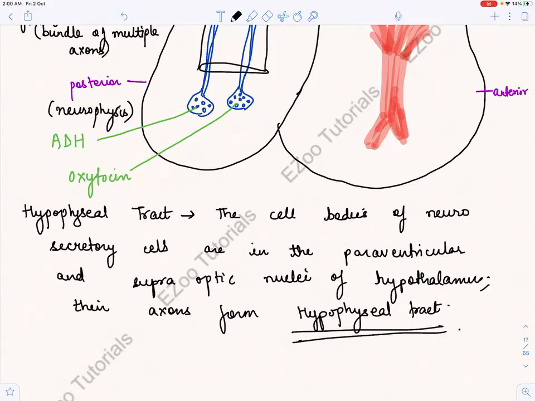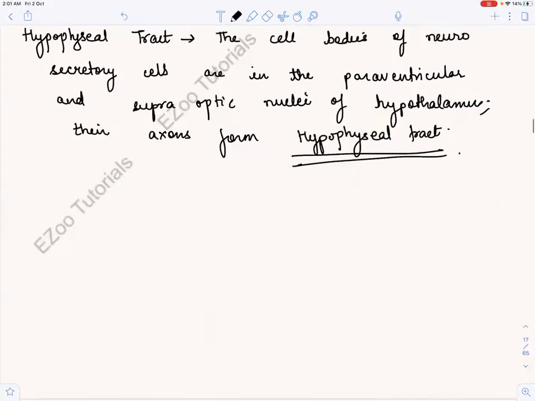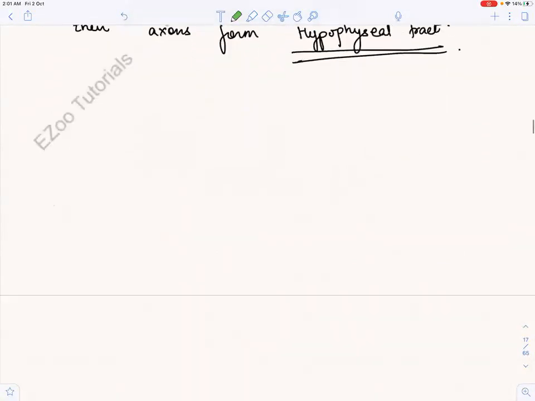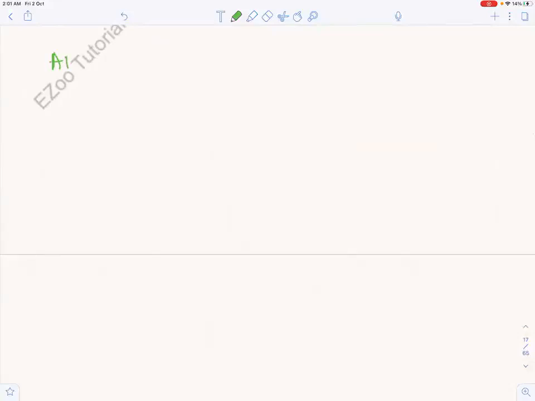Okay, so now let us see something about ADH and oxytocin, right? ADH, antidiuretic hormone is the full form, or vasopressin. One more name is vasopressin. Now we said that we'll see what the stimulus is due to which the body secretes this antidiuretic hormone.